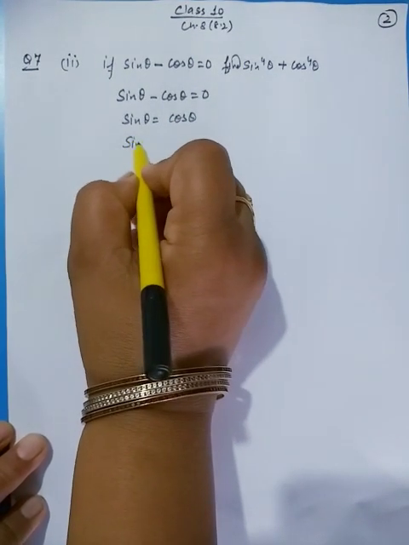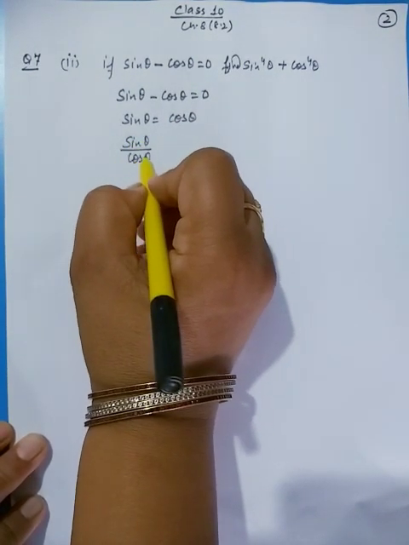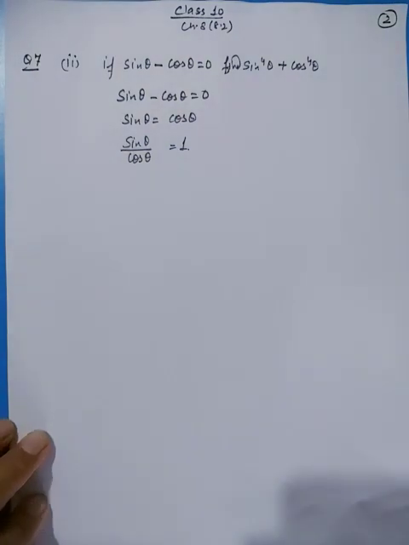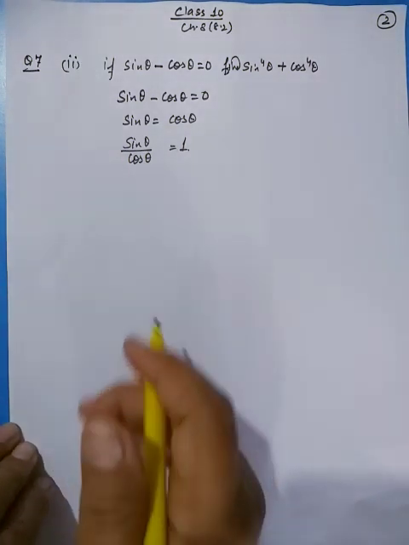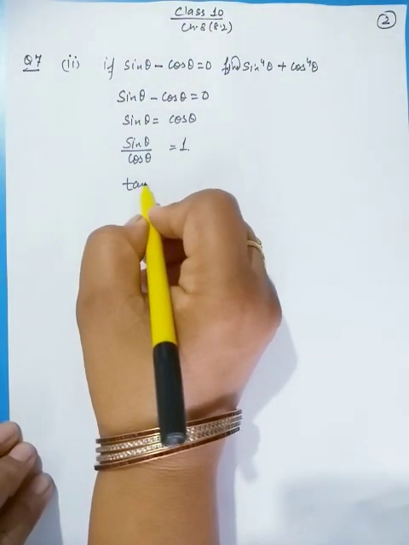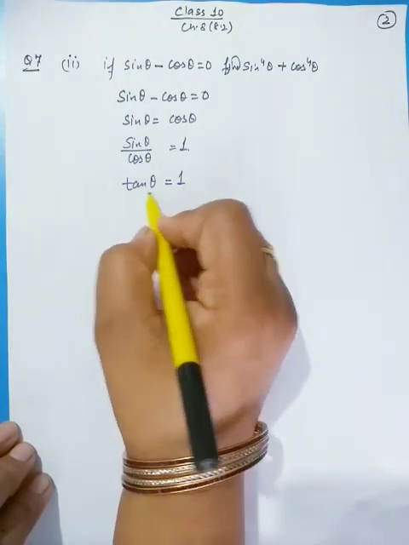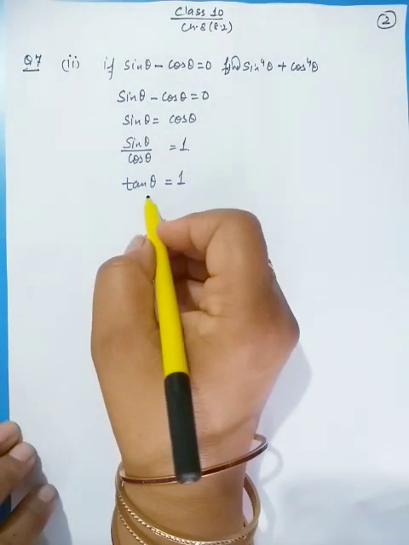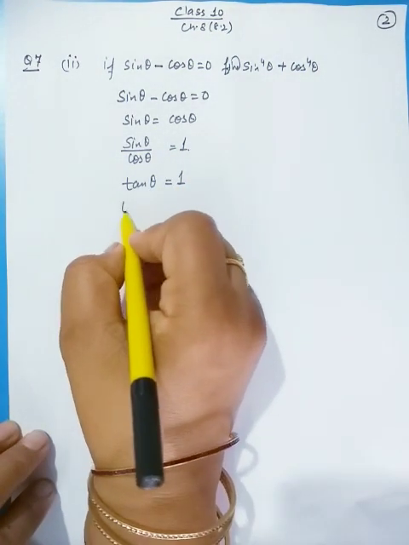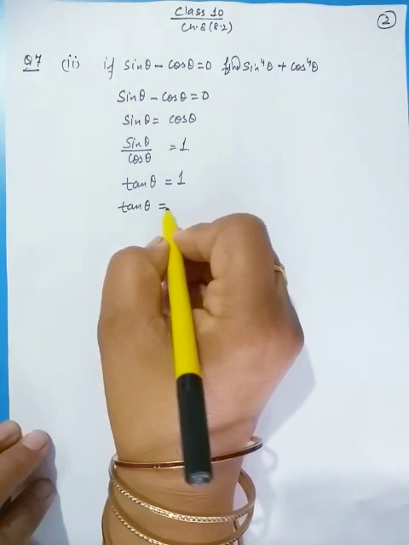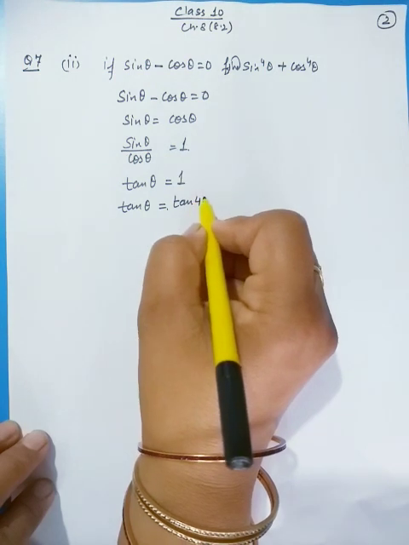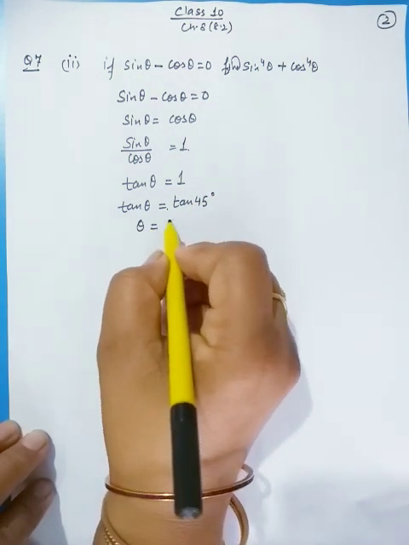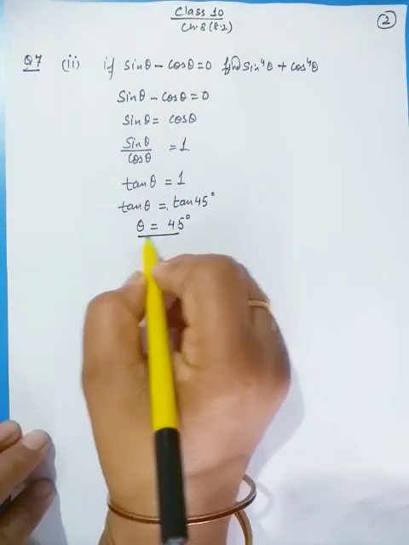Now we can divide both sides by cos theta, and we get sin theta by cos theta is equal to 1. And we know that sin theta by cos theta is tangent theta. So we get tangent theta is equal to 1. Again from this we can find the value of theta, because tangent 45 is 1. So on comparing we get that theta is 45 degree.